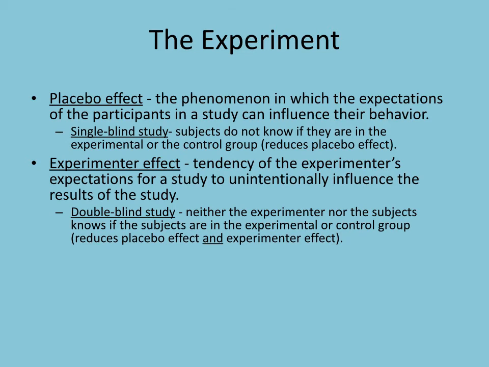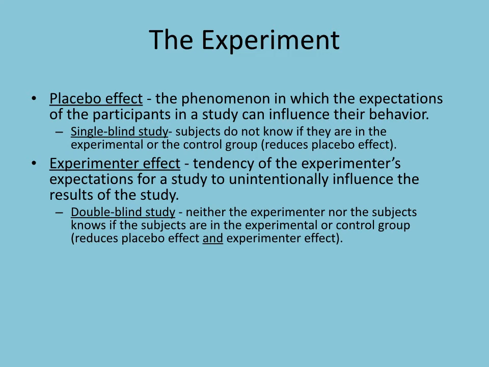The control group I need in order to compare, but the experimental group is what's going to pay me millions of dollars. If my experimental group works out and I solve how to lose weight fast, I'm going to be a billionaire. So if I know this as the experimenter, I will be nicer to them, I will have more bias towards them, and I will do whatever they want. Is that fair? No, absolutely not.